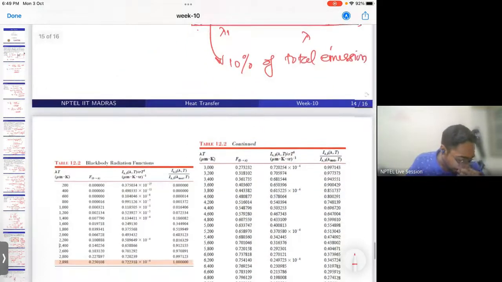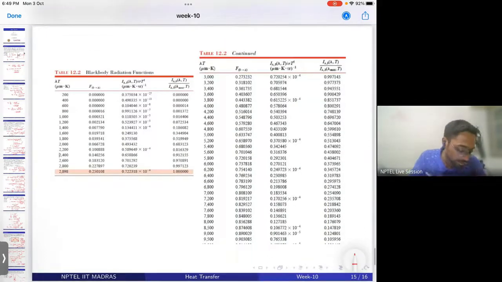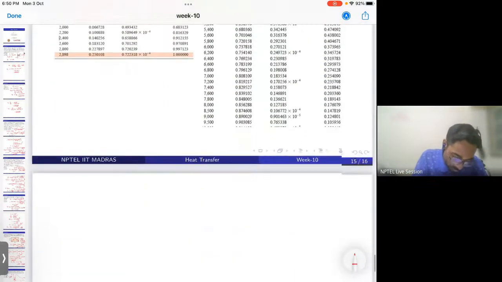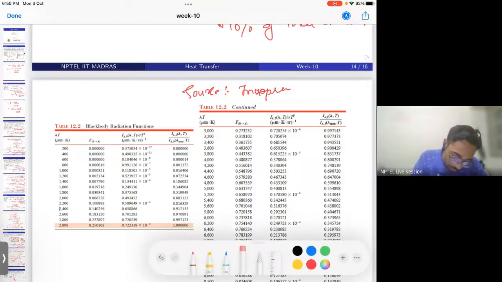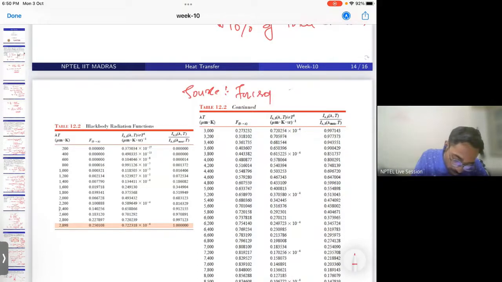For that, we need to have a black body radiation function. I have taken this table from Incropera, Fundamentals of Heat Transfer. So this is the radiation function.